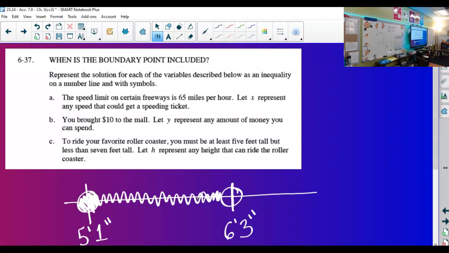Wait, can you go like 5 miles above? Are we supposed to be realistic? No, not like do you think you would, but could the cop pull you over and give you a ticket?